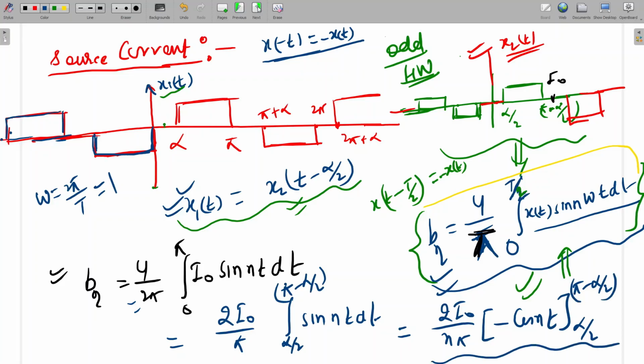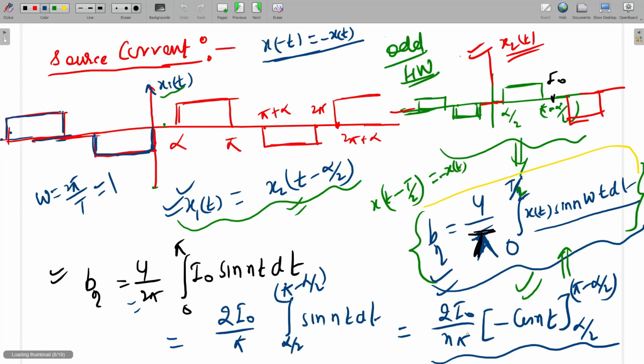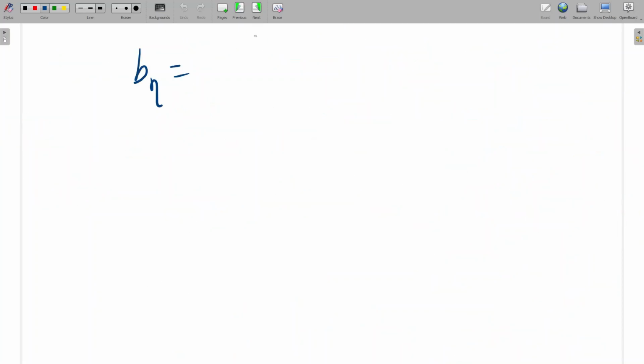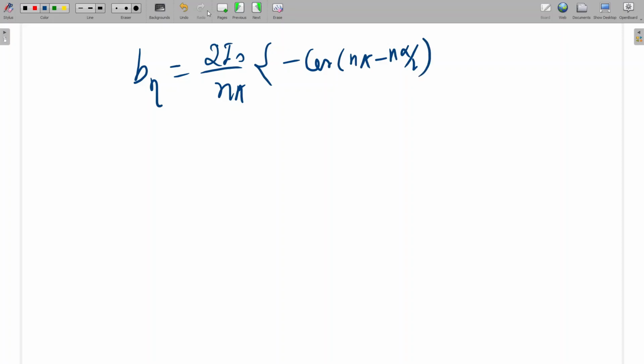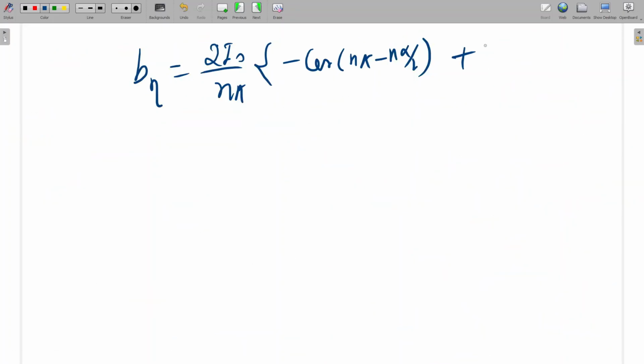So bn will be 2 I naught upon n pi, minus cos of n pi minus n alpha by 2, and the second term will be plus cos n alpha by 2.